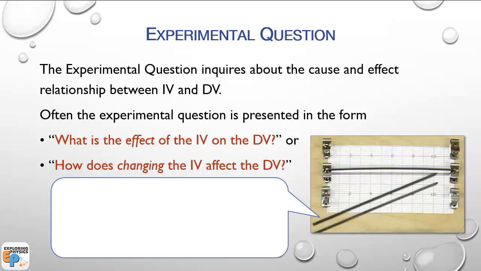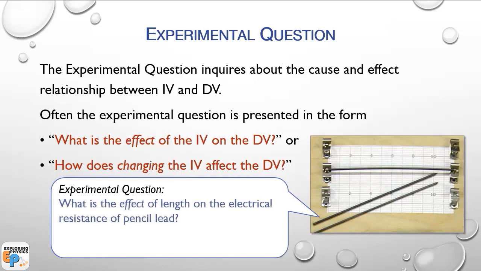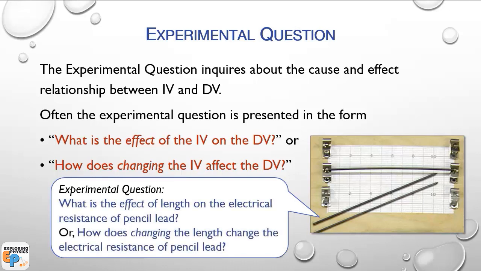Remember to avoid experimental questions that can be answered with a yes or a no. Here, an appropriate experimental question is, what is the effect of the length on the electrical resistance of pencil lead? Or, how does changing the length change the electrical resistance of the pencil lead?